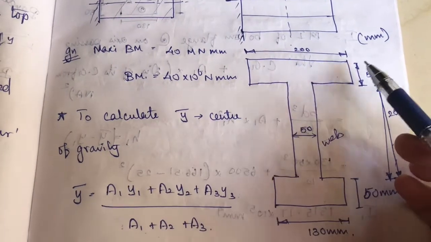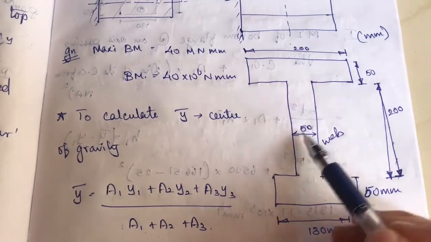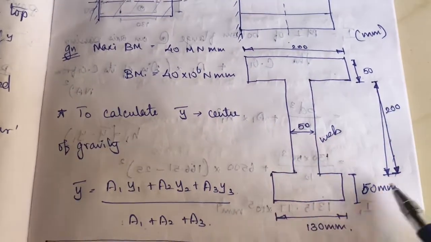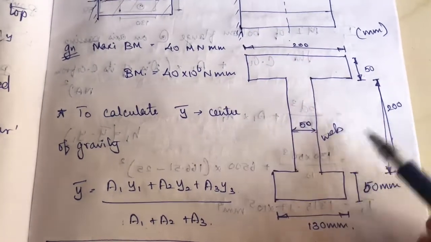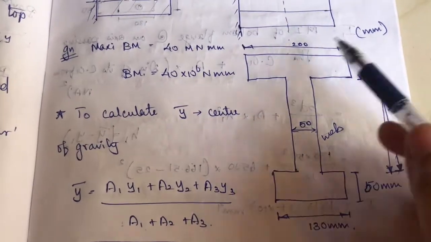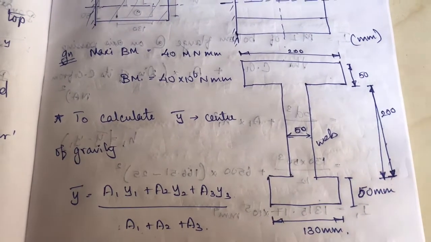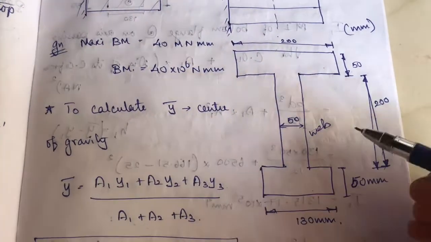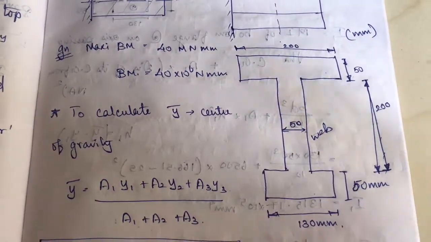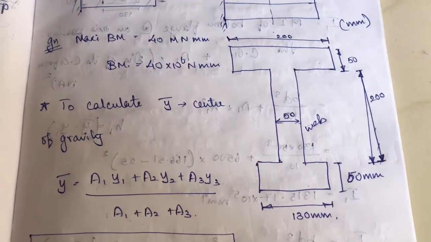They have given the dimensions, breadth and depth for each part. So we need to divide this section into 3 parts, then we will get an easy calculation.